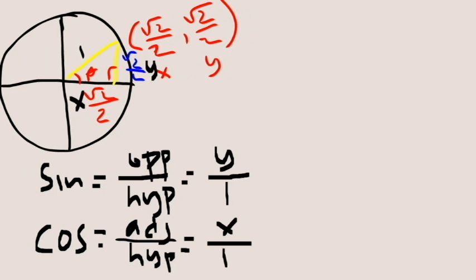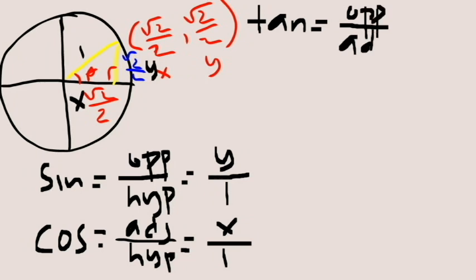So this is now our cosine. Next is the tangent. For tangent, it is opposite over adjacent, where the opposite of the given angle is y, so it is y over the adjacent, which is x. So this is now our tan.